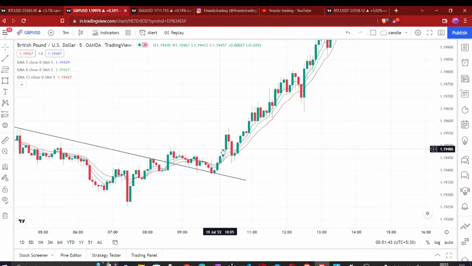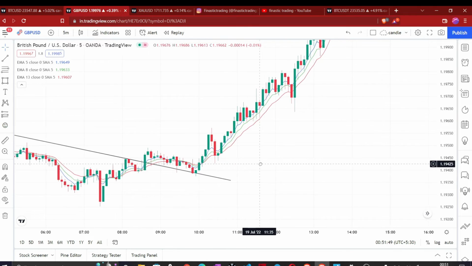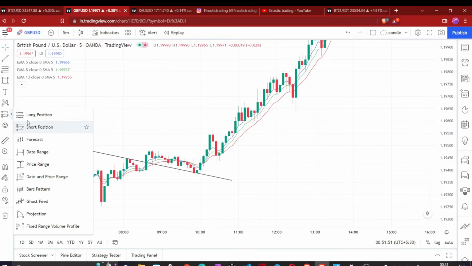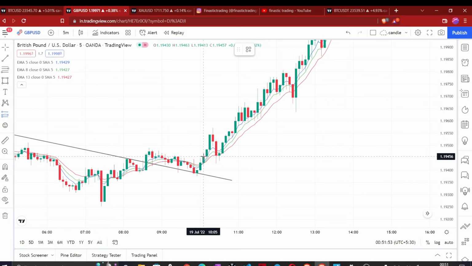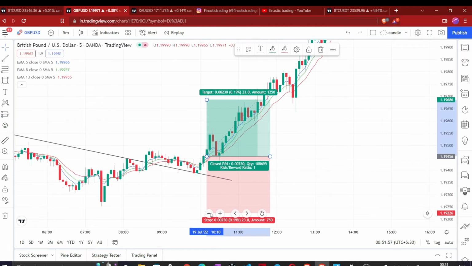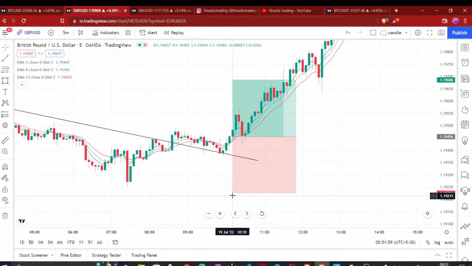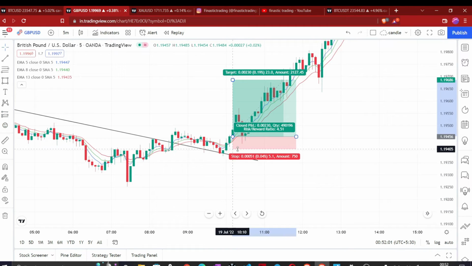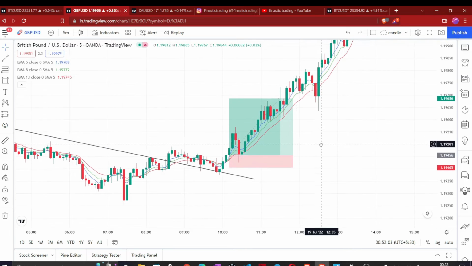It kept going up, and here, this is where you enter as soon as you see the pattern. So you go long after this candle. As soon as the pattern is clear, stop loss has to be just below the candle. Let's say this much.